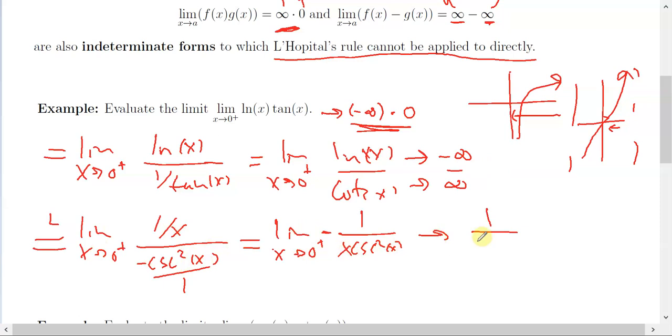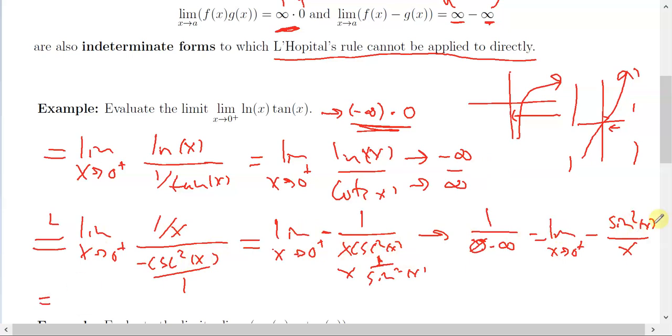In the bottom, I have x going to 0, and then cosecant, well, that's actually going to infinity. So I kind of get a 0 times infinity in the bottom. So it's telling me, take this cosecant squared, turn it into 1 over sine squared, and flip it back to the top. So this is really x times 1 over sine squared in the bottom. So that limit's going to become the limit as x goes to 0. There's a minus. That sine squared is going to flip up to the top now, and that's divided by x.